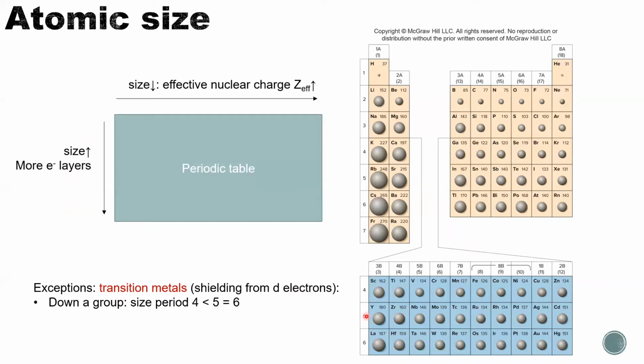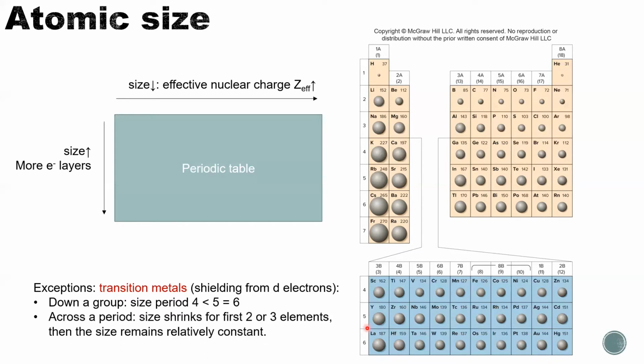But period 5 and period 6 have almost identical sizes of these atoms. So this is the exception. And also across the period, size shrinks for the first 2 to 3 elements in the transition metals, and then the size remains almost the same. They are all due to the shielding effect of d electrons.